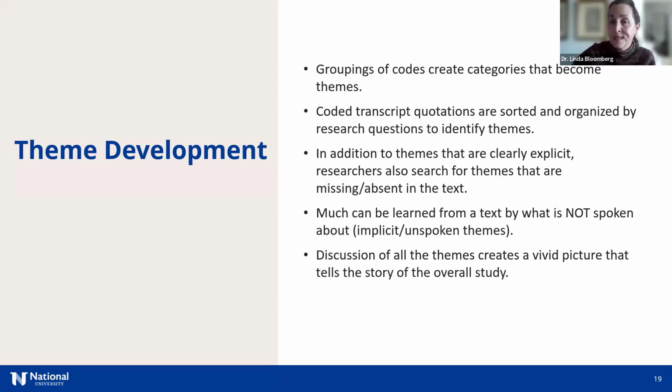So remember, what's missing or absent in your transcript is as important as what you see there, because much can be learned from a text by what is not spoken about it. And these are considered unspoken themes. So discussion of all of the themes, the spoken and the unspoken, creates a vivid picture that tells the story of your overall study.